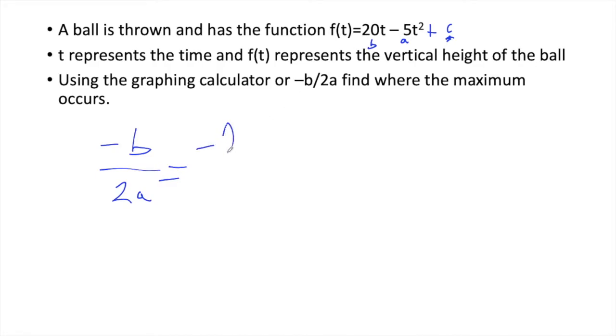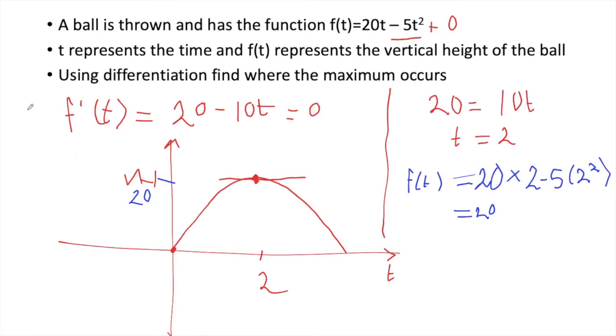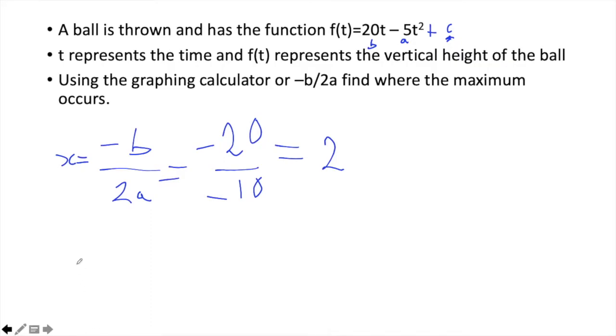So we have minus b, so we have minus 20 over 2 times a, which is minus 2 times 5, which is minus 10, which gives us 2. So like we did previously, we know that the x-coordinate, or the axis of symmetry, which is minus b over 2a, is 2. And then to find out the y-coordinate, we would do the same method as we did here, so that we get 20. So as before, we would get exactly the same coordinate.